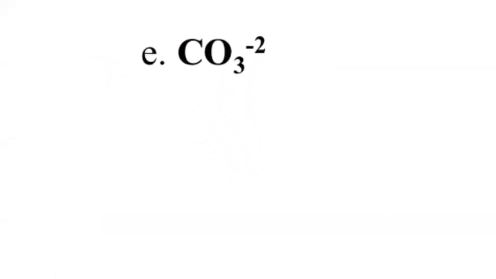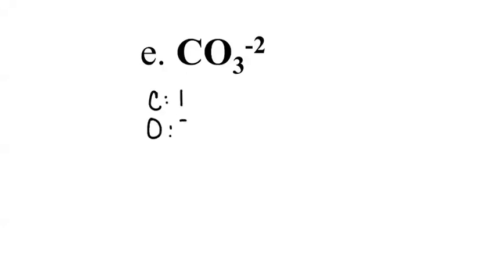I'm going to do letter E for you guys. No problem. If 1 doesn't make sense, put 1.5. I'm getting there. So we have CO3, but we notice that CO3 has a -2 charge. So here we have carbon and we have oxygen.